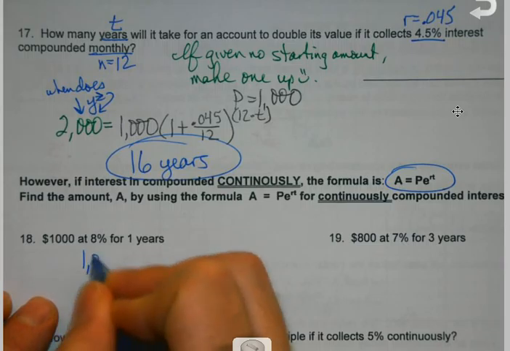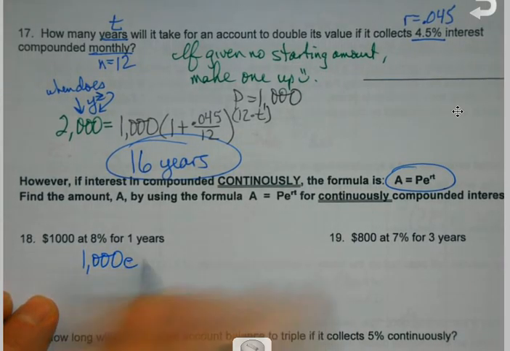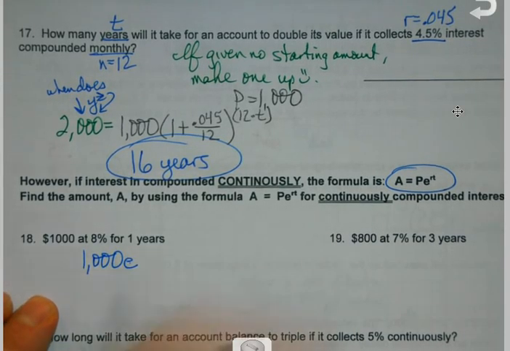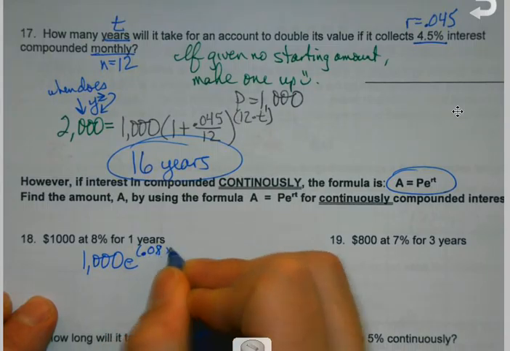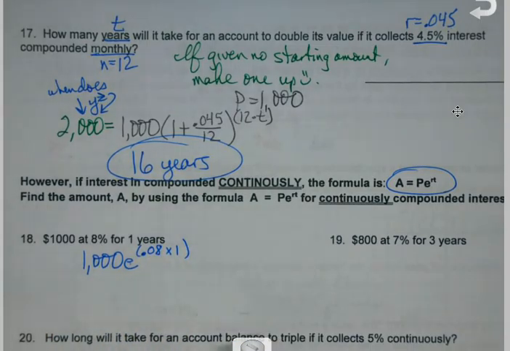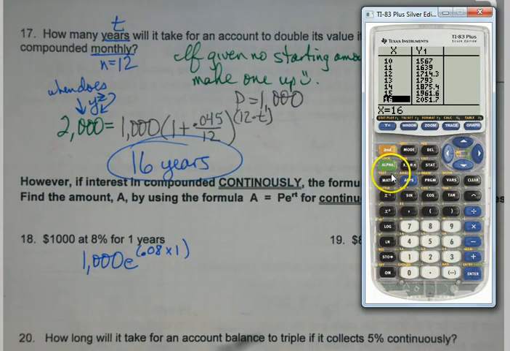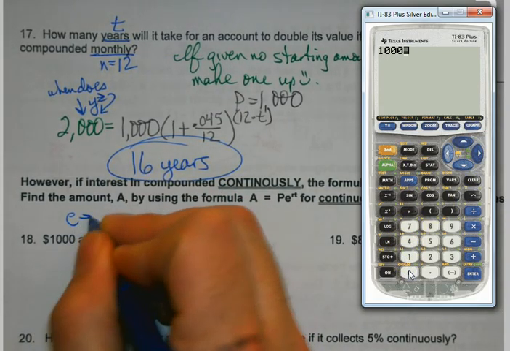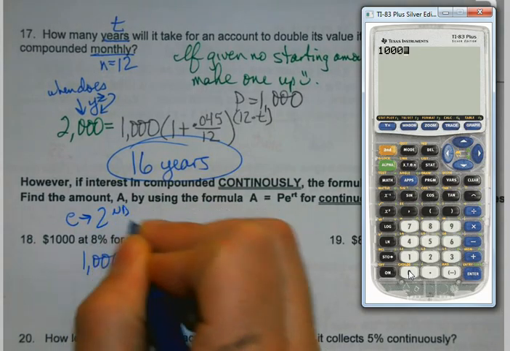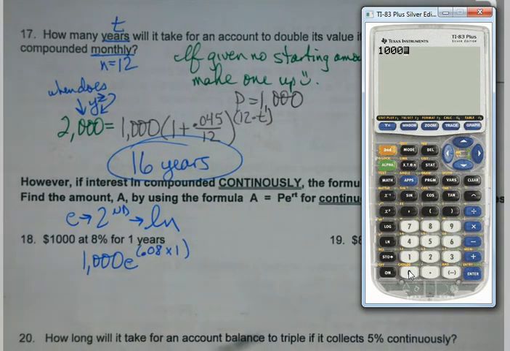So my P is still my principal. E is a value, so that just stays E. And then R times T. So you're like, okay, how do I do this? Oops. Clear that out. How do I do this E thing? So 1,000. To get E, you hit second and natural log, ln.